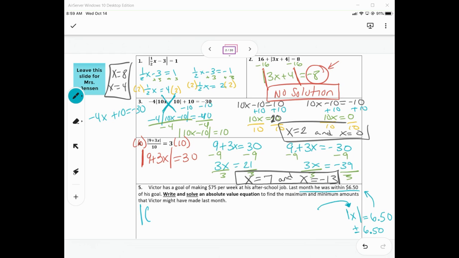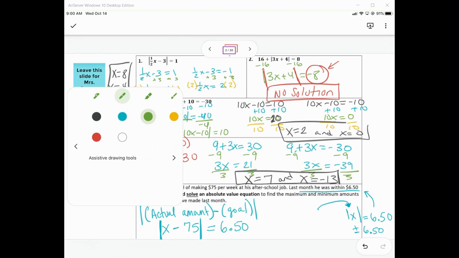It's always the actual amount of some kind, and then you subtract the goal or the average or something like that. The actual amount is what we don't know. We don't know x. We're taking the difference of what we actually made and our goal, and this equals 650.